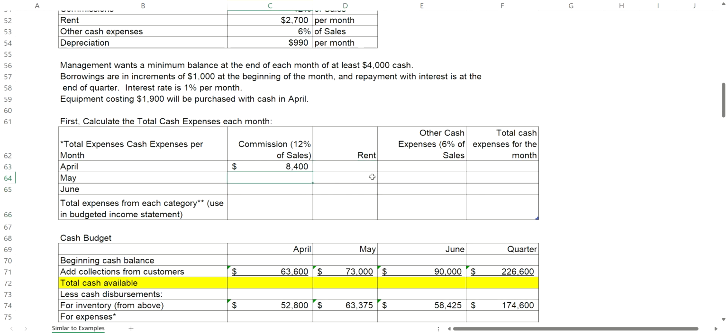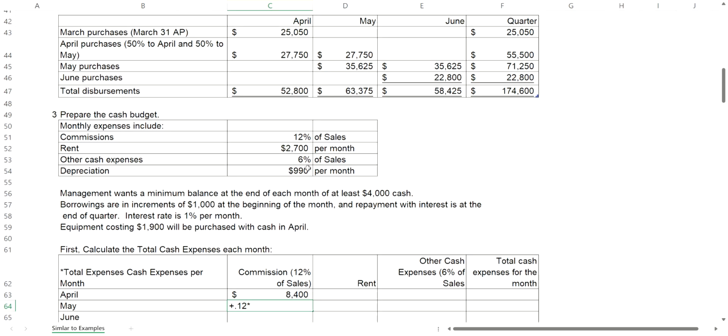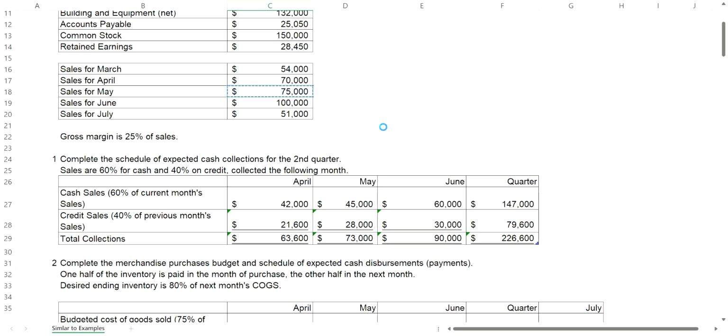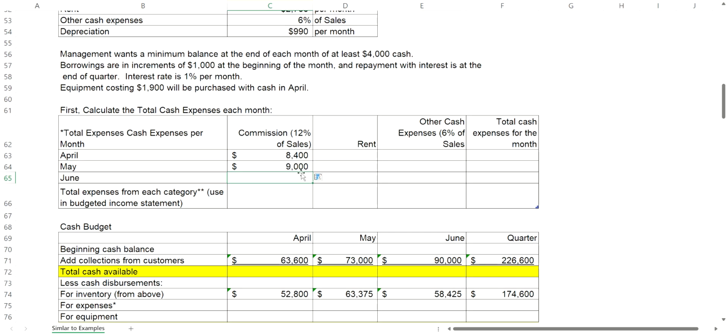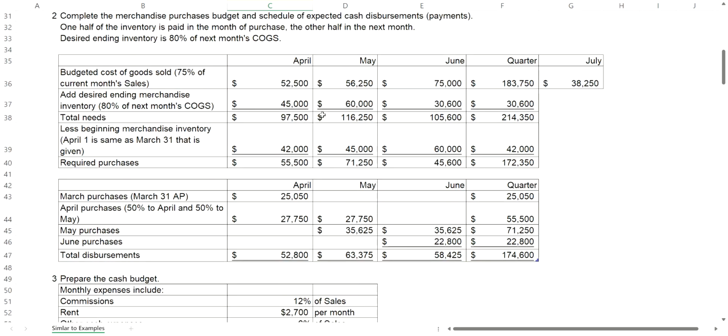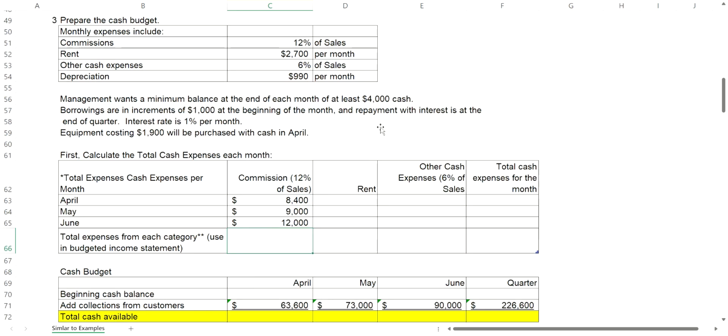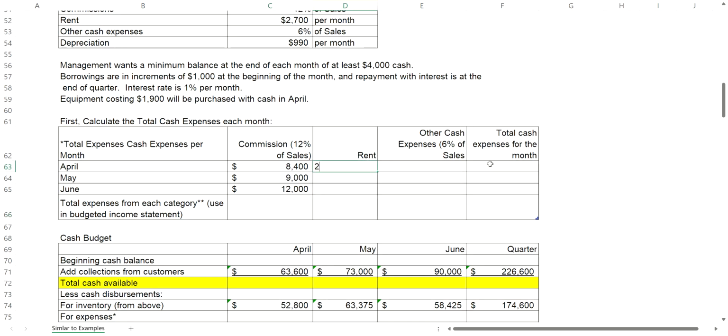For May, it would be 12% again of sales, and May sales are 75,000. And for June, it would be 12% of June sales, which were 100,000. Okay, rent, $2,700 a month. So just fill that down the column there.